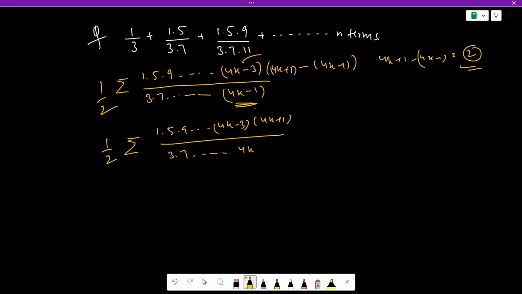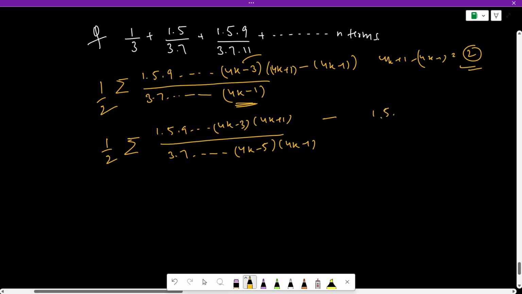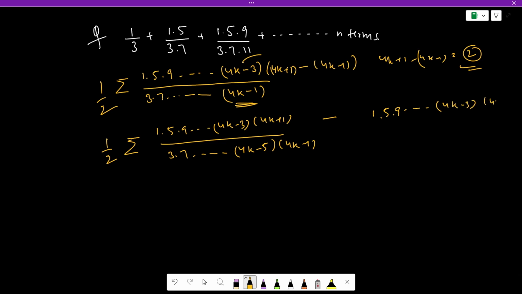Let me also write the previous term for this, that will be 4k minus 5 into 4k minus 1, and minus we have 1 5 9 and so on till 4k minus 3 into 4k minus 1, divided by 3 7 and so on till 4k minus 1.